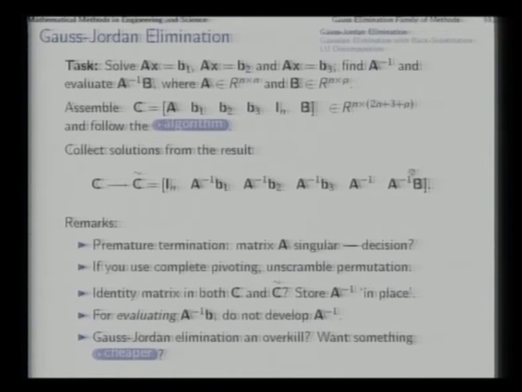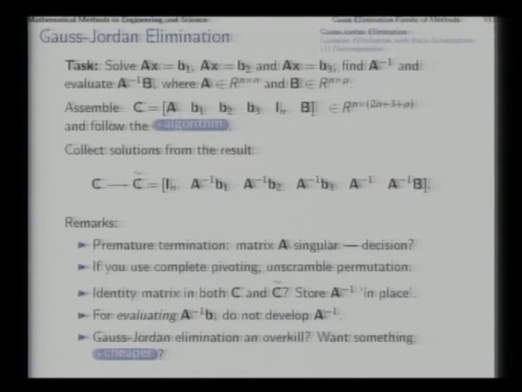columns. Now, when there is a premature termination, that will mean that matrix A is singular, and then you can decide what you want to do. If you use complete pivoting, now the outline that I just made is for partial pivoting.